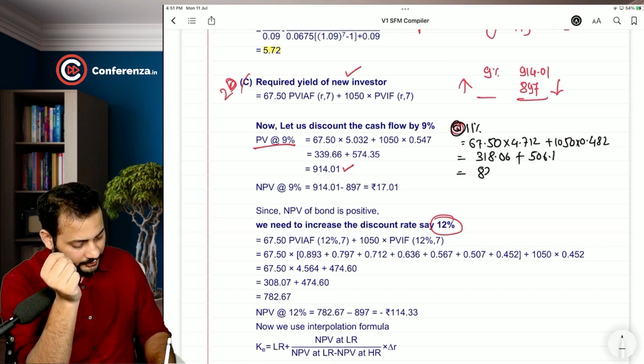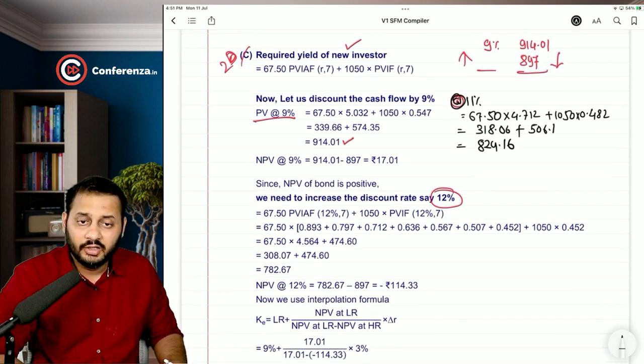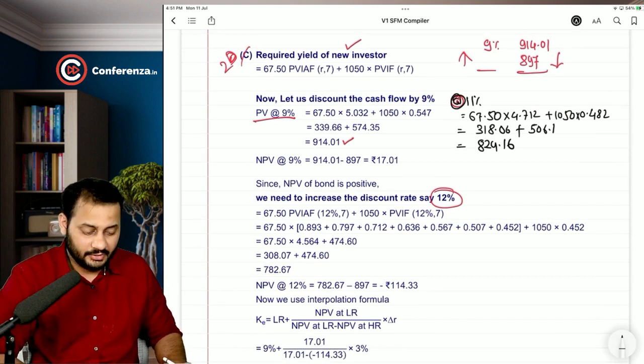So that's 824.16. Now you can clearly see we can use the interpolation technique.